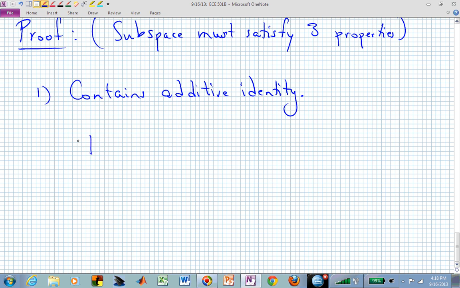Well, we know that the additive identity in V is 0. The vector space V has an additive identity, so now we're actually using that fact.